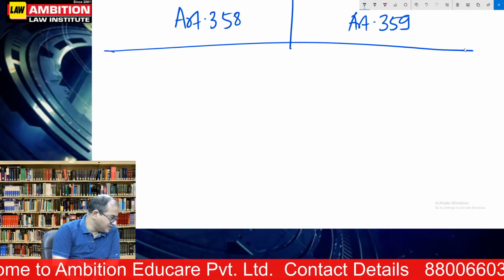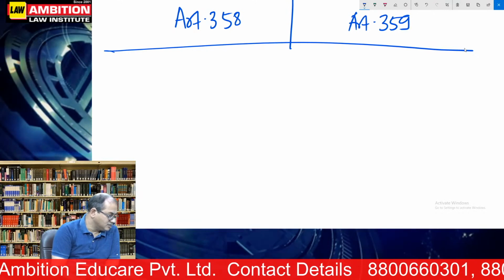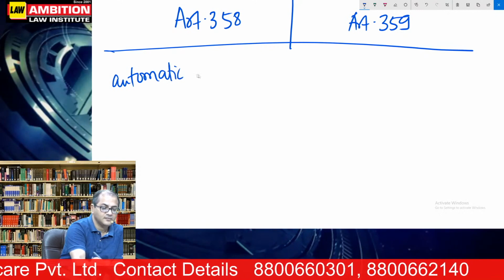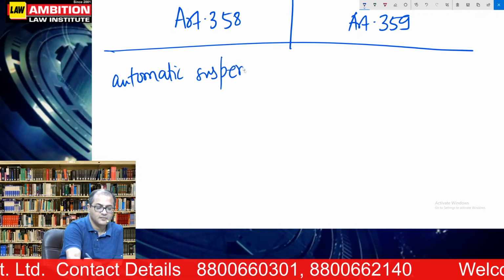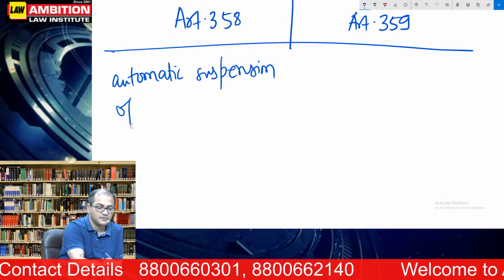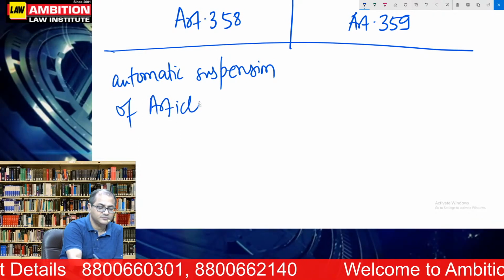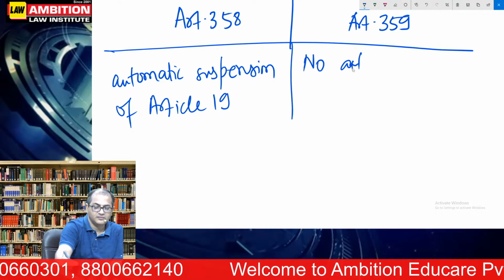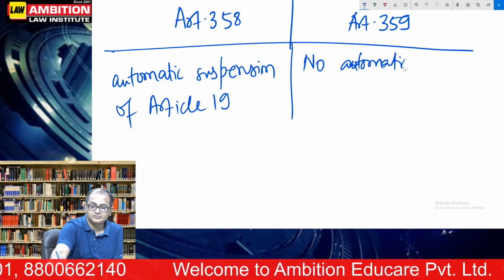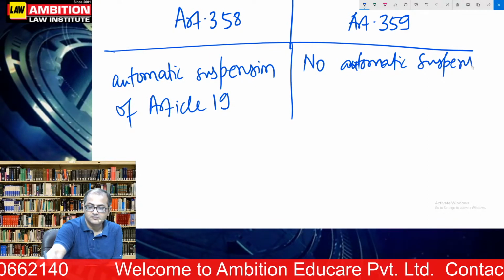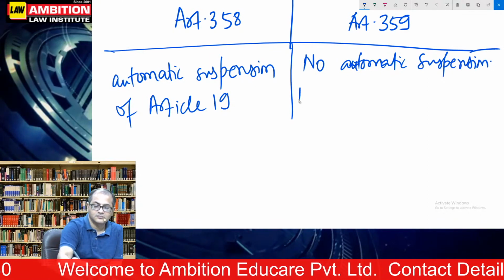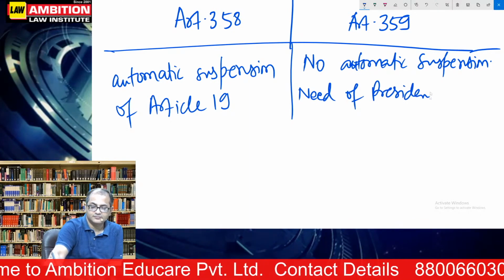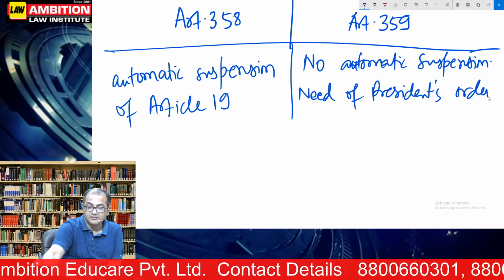So in 358, automatic suspension of Article 19. No automatic suspension, need of President's order. जब भी एग्जाम में लिखें तो कंप्लीट सेंटेंस लिखें.